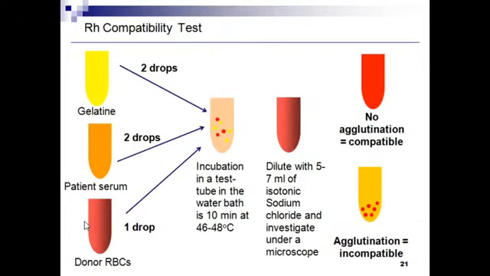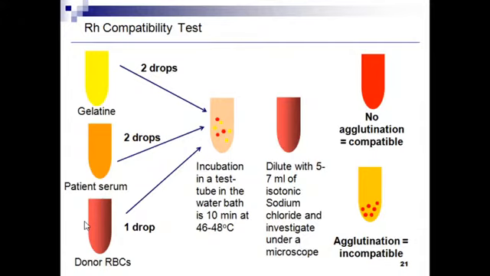Test on RH compatibility. We should use 3 test tubes. This is a warm test with gelatin solution. We should use a test tube with 2 drops of gelatin, 2 drops of patient serum, and 1 drop of donor RBCs.